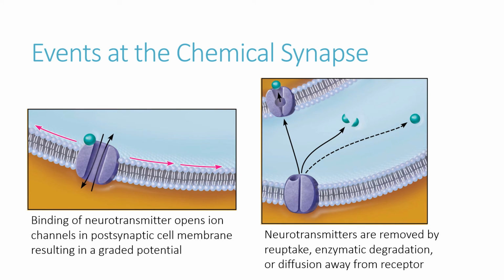As long as the neurotransmitter is attached to the receptor, that signal will continue being received. Eventually, the neurotransmitter has to be removed from the receptor, either by reuptake by the presynaptic cell, or enzymatic degradation, like when acetylcholinesterase breaks down acetylcholine, or by diffusion of the neurotransmitter away from the receptor.